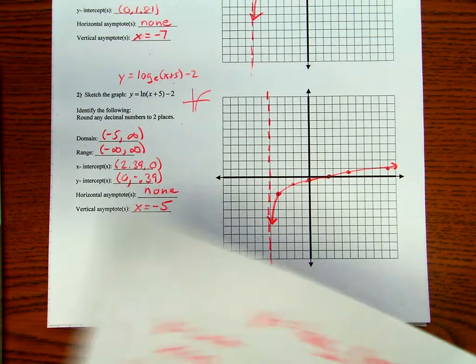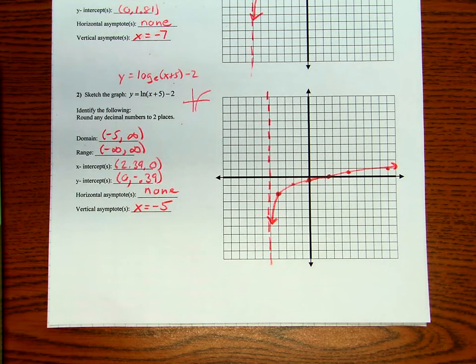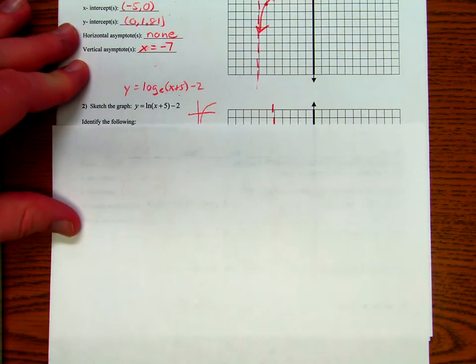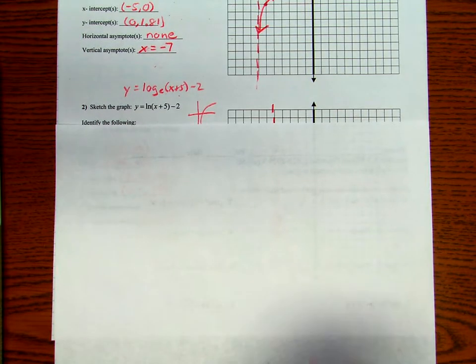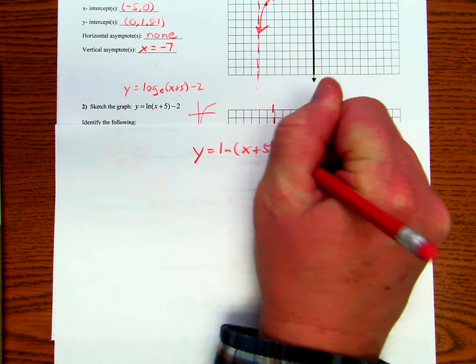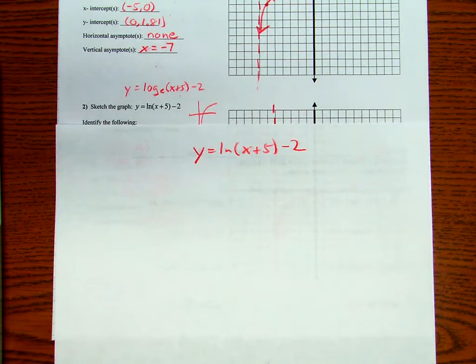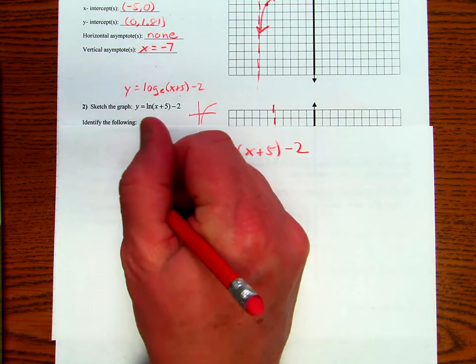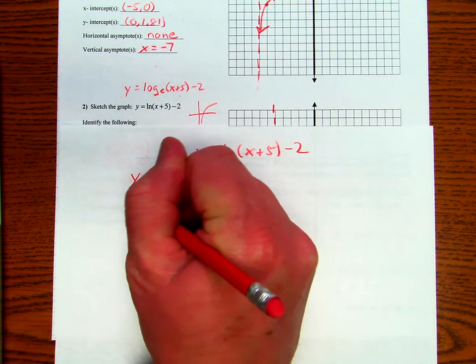All right, let's take a look at the intercept thing. So if we wanted to get the intercepts by hand, or without advanced features of a calculator, in order to get the y-intercept, we're going to let x equal 0.